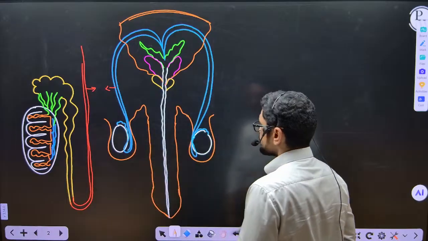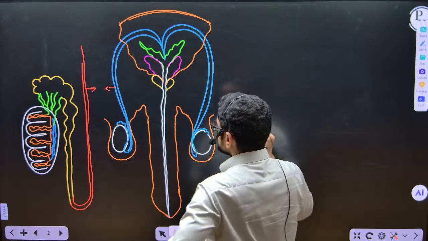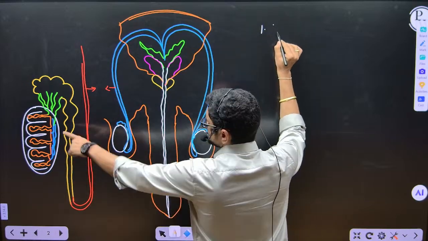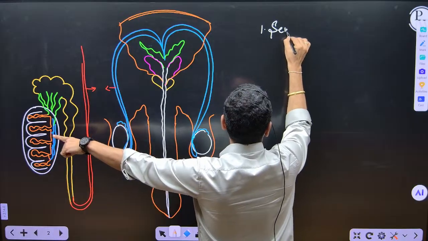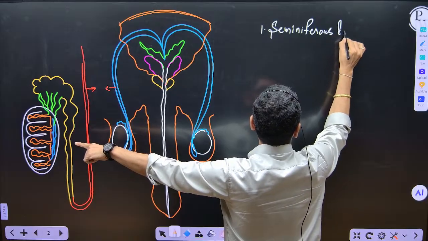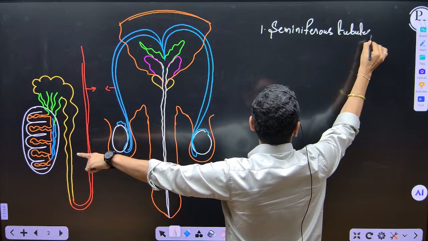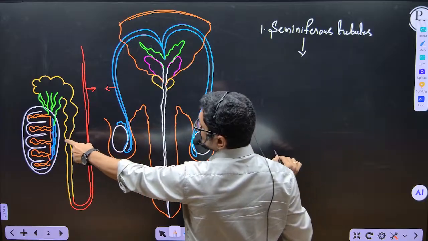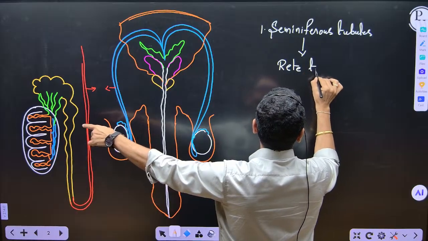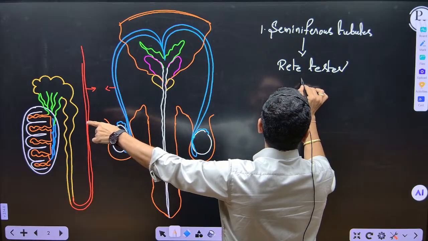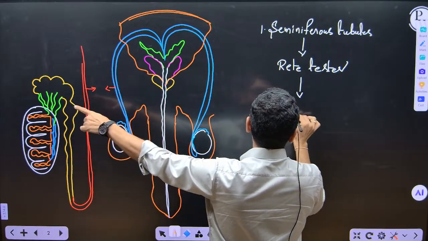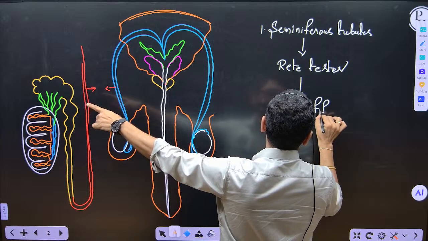Now, please try to understand this diagram. Sperm pathway. If you observe this sperm pathway, inside the testis, seminiferous tubules are present. Seminiferous tubules open into, blue color, rete testis. Rete testis opens into, green color, vasa efferentia.